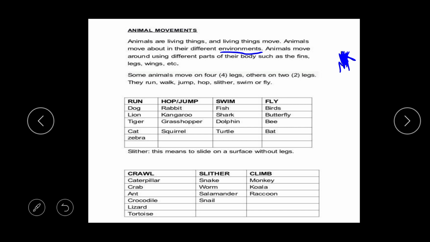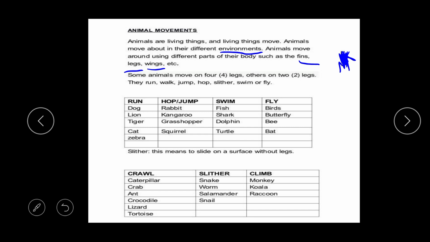They move around using different parts of their body depending on the kind of animal you are referring to, such as fins, legs, wings, tails, and so on.